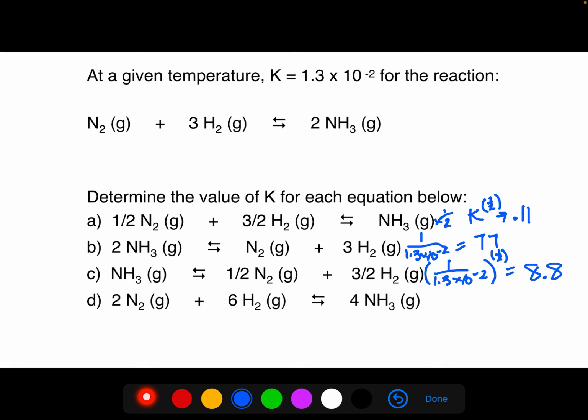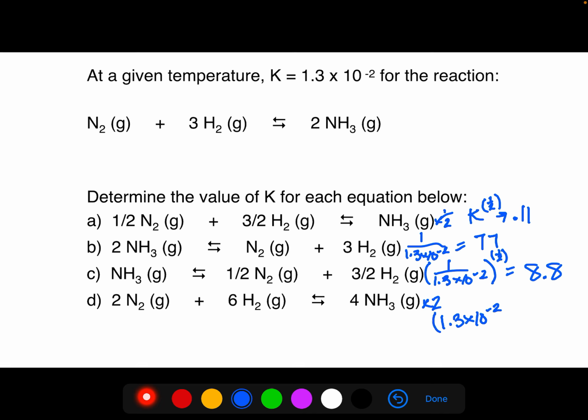Alright, looking at our last one, everything is on the same side, so the reaction was not flipped, but all of our coefficients were doubled. So the reaction was multiplied by 2. So remember, anytime a reaction is multiplied, that means our K value is going to be raised to that power.